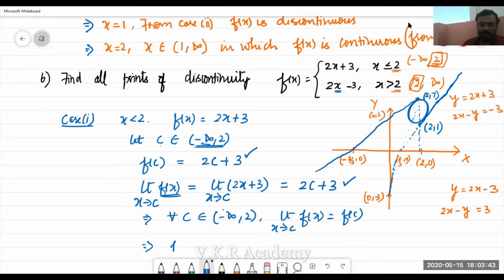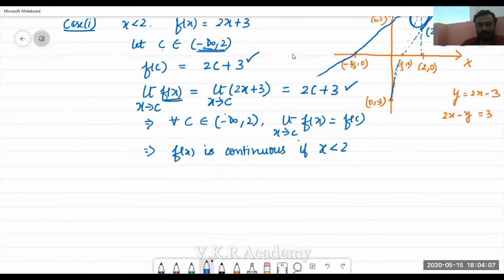This implies f of x is continuous if x less than 2. This is also clear from the graph. This is the graph of f of x for x less than 2, which is continuous.